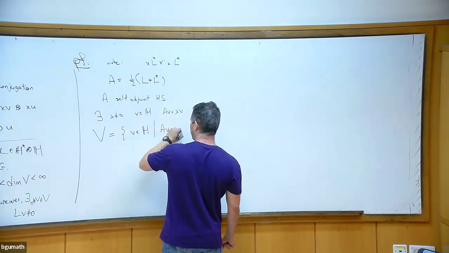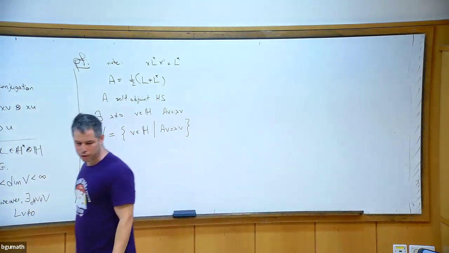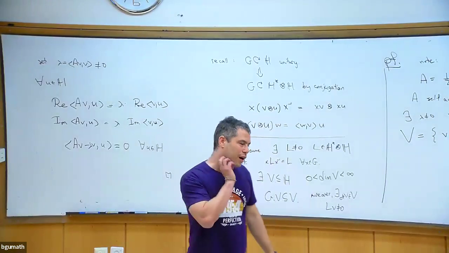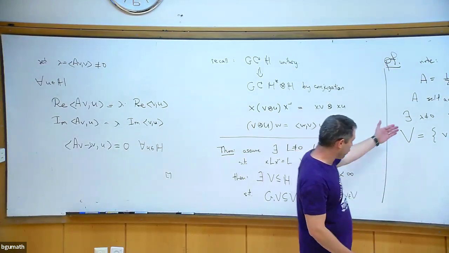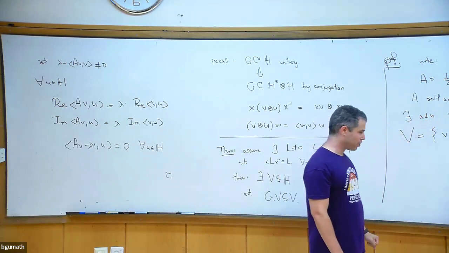So this is the eigenspace of lambda, right? And this is a vector space. You can check that this is a vector space. And it's non-trivial because that's what the theorem told us, that we have a non-trivial eigenvector. Okay, so it's not just zero.